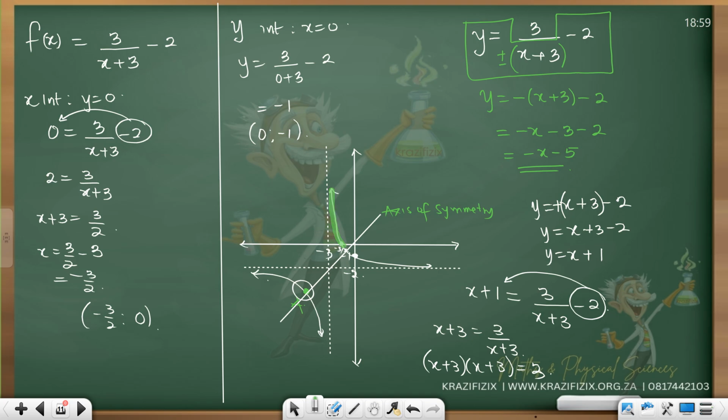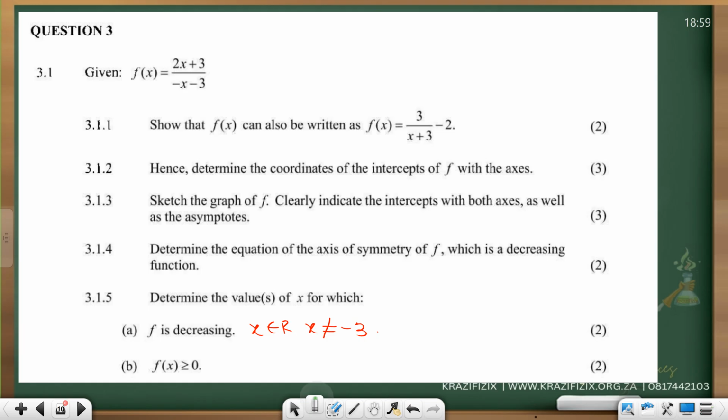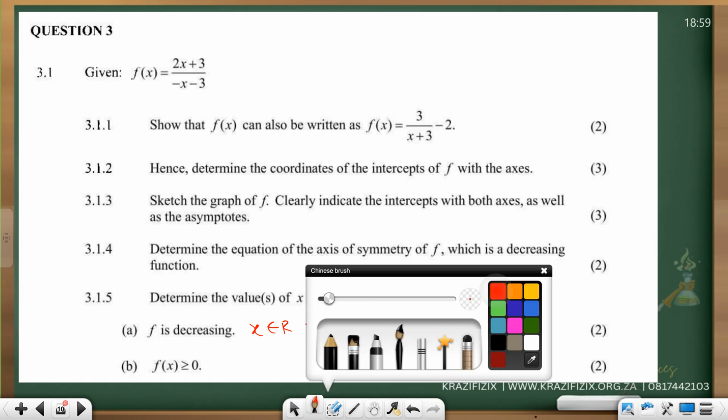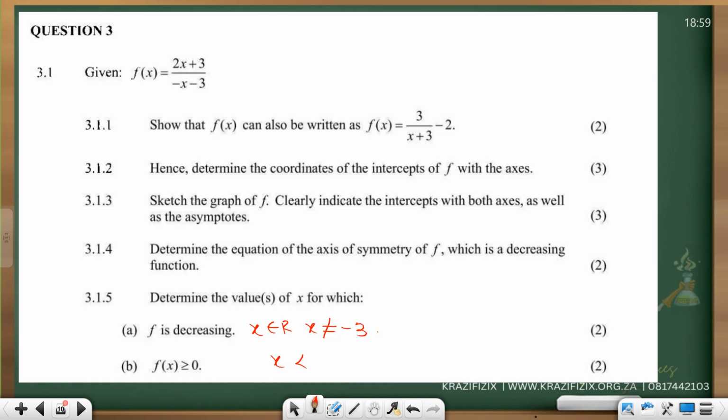So what should our answer be? It is between negative 3 and negative 3 over 2. Between negative 3, that's where it is above 0. What would our answer be? X lies between -3 and -3/2.